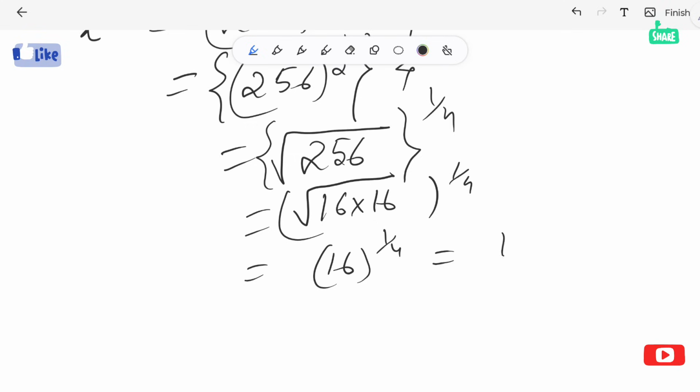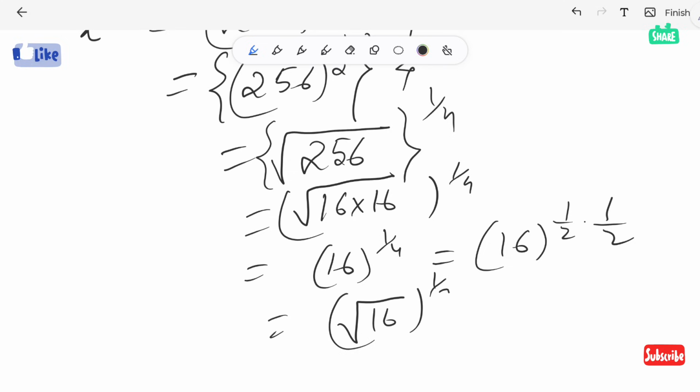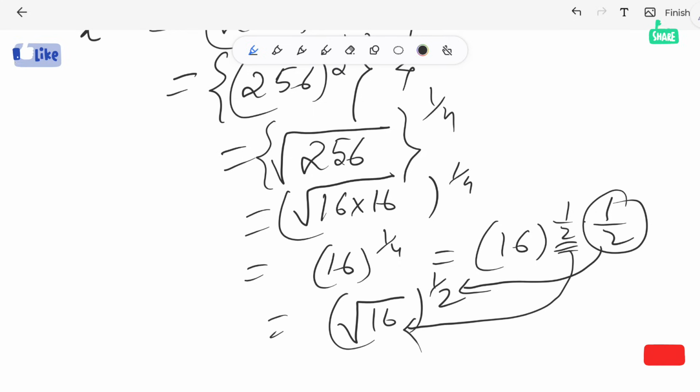Now 16 can be written as 16 to the power 1 by 2 into 1 by 2. That means again there is a square root of 16, and this 1 by 2 is this one, and for this 1 by 2 power we have a square root.